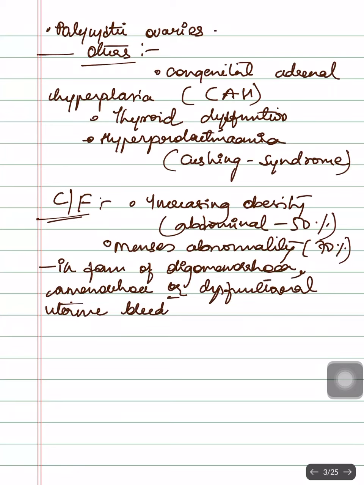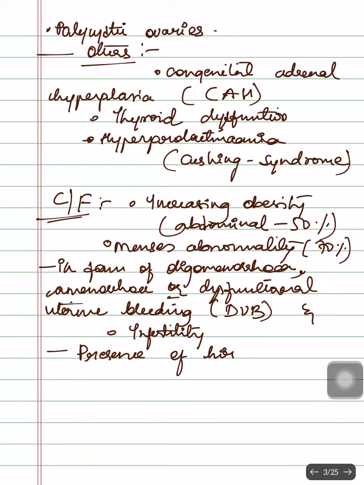And lastly, you will see infertility. Next clinical feature you will see is the presence of hirsutism and acne. So these are the above mentioned clinical factors of this PCOS.